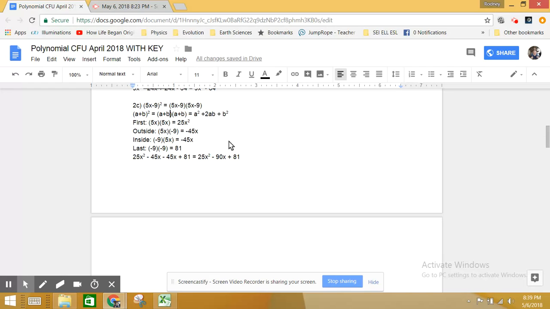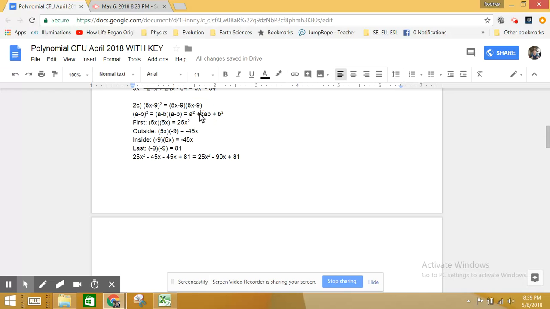Now, what if this was a minus b squared? Well, that's the same as a minus b times a minus b. In this case, my first is still going to be a squared, it's a times a. My last is going to be negative b times negative b, which will still be positive b squared.